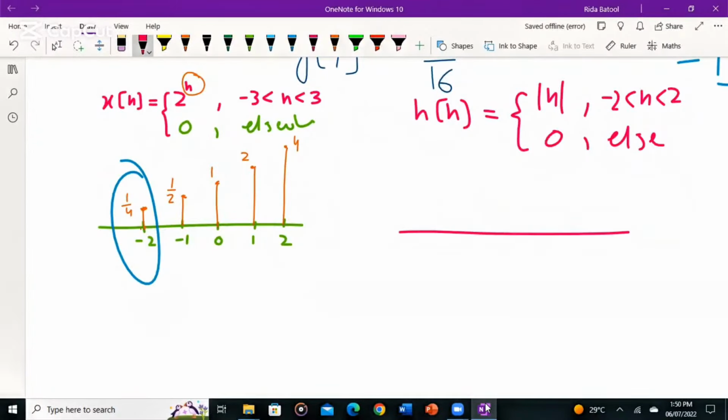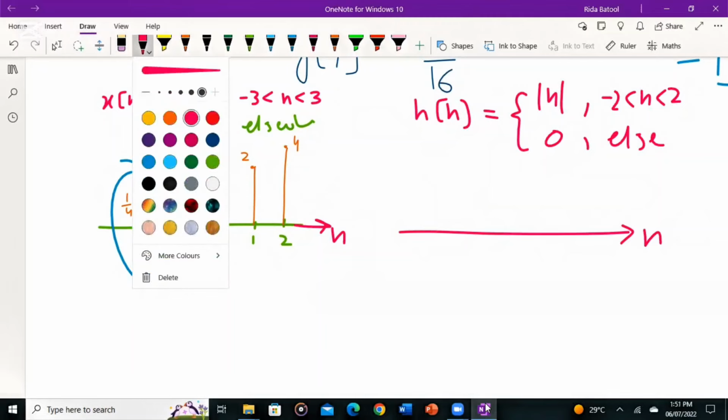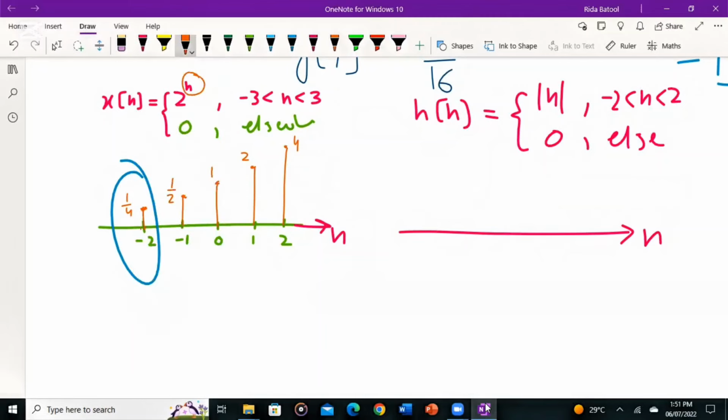All this using the formulas? You may, and you can also do it with the help of the identity of an impulse. Let's draw it. The signal will exist from -1 till 1.